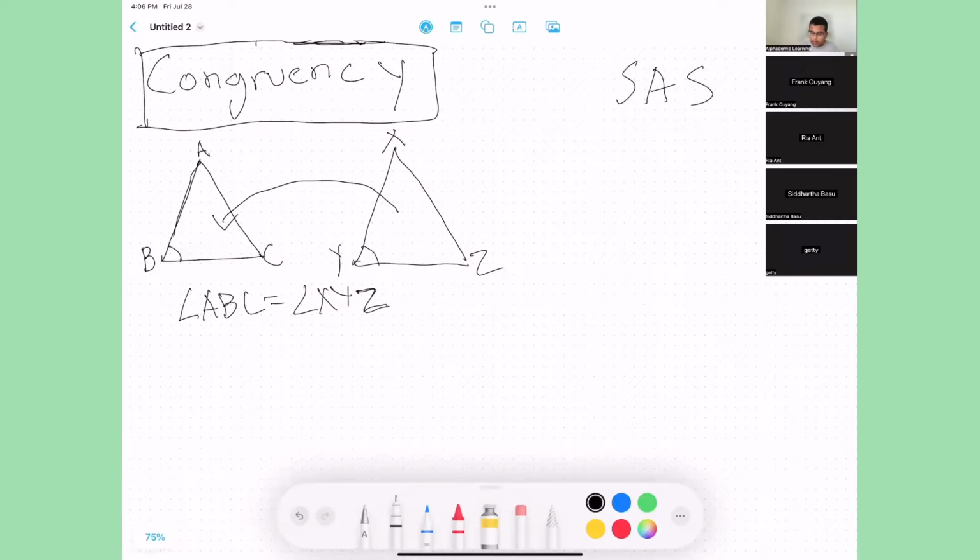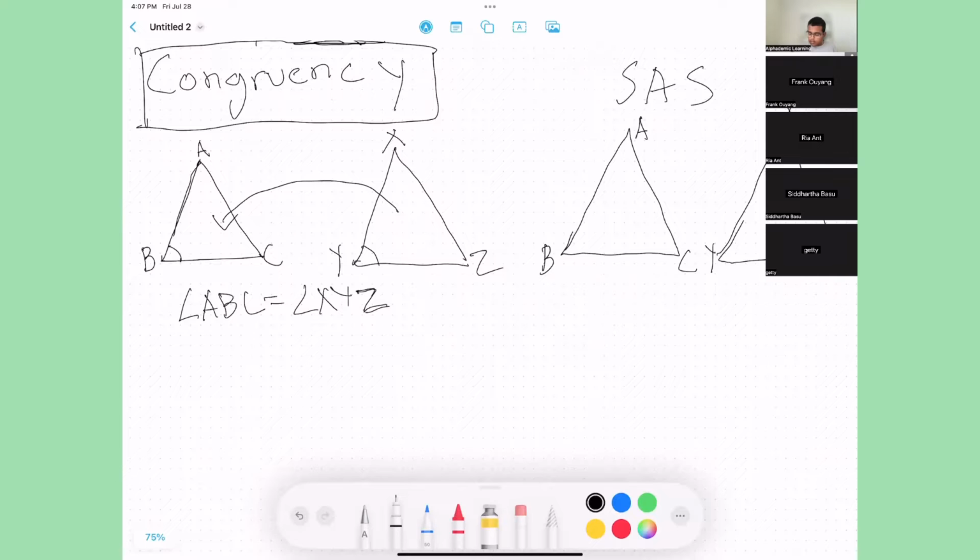This is where you have two triangles like these, and basically in the problem, SAS stands for side angle side, for those of you who didn't know. So say I had the same example, right? A, B, C, and X, Y, and Z.